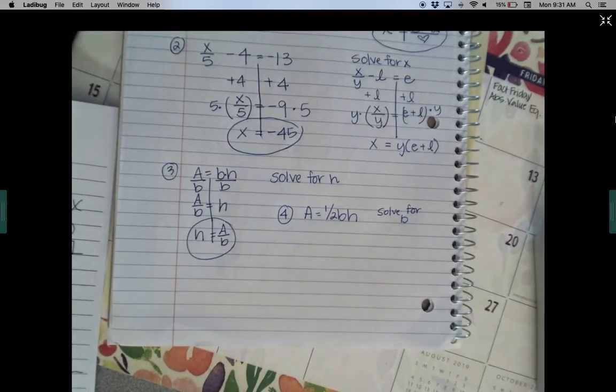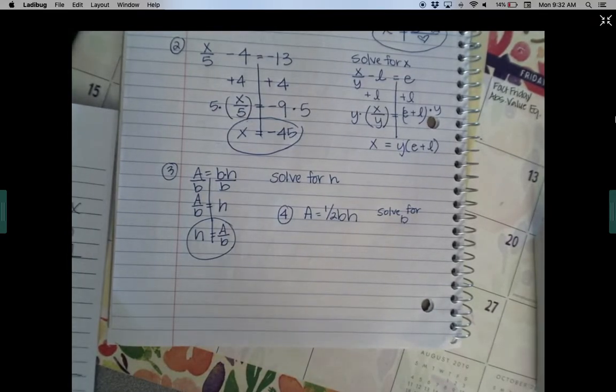When you've got it figured out and you've solved it for b, put your pencil down. So we're probably going to test over literal equations on Wednesday. I know that seems fast, but you're literally solving a literal equation right now.